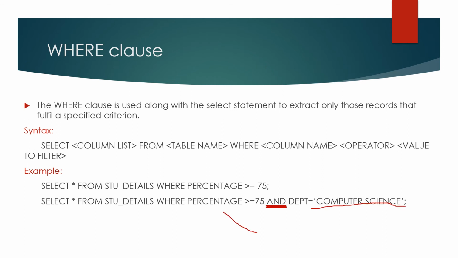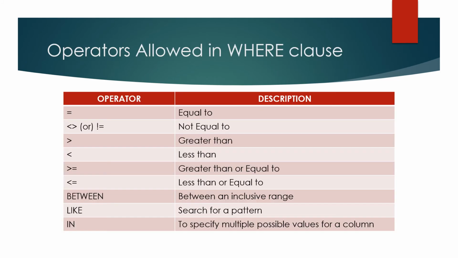So the records will be displayed only if they satisfy both conditions, and this is how the where clause works.